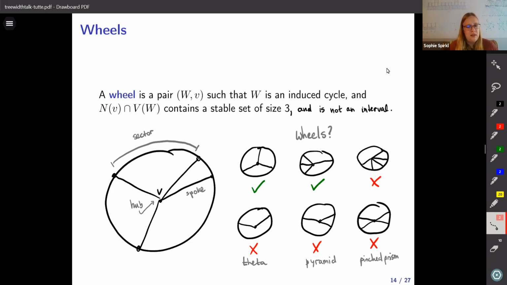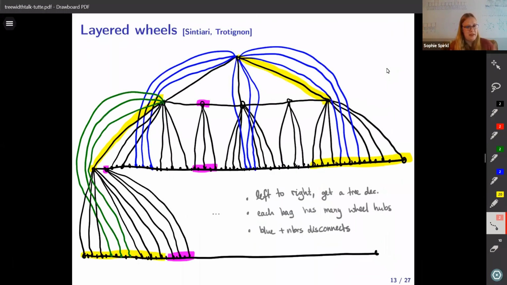And that's helpful because those neighbors will help us break the graph. If you look at layered wheels, and it's no accident that wheels are enemies and layered wheels are the construction, that shows things, then this thing is full of wheels. Like looking at this cycle, this pink vertex has a lot of neighbors in it. But also vertices and their neighbors tend to break the graph.